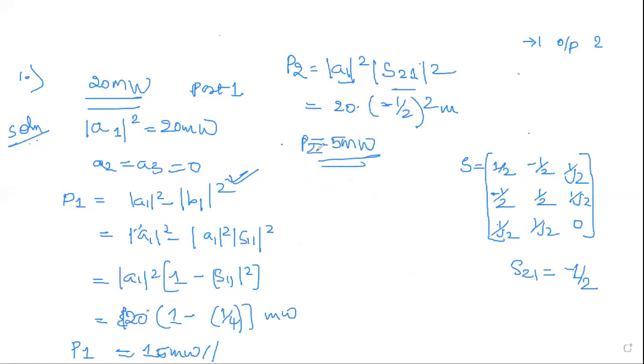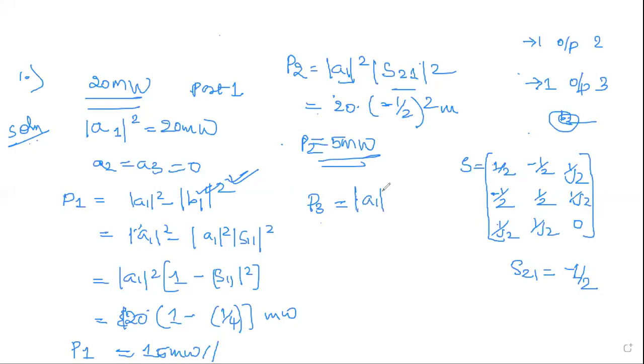This is P2. What about P3? How will we write the equation for P3? A1 is the input, output should come out of port 3, and you know that it is terminated. So that B3 portion will not be there. So what will be the equation for P3? Compare with P2. It is the same as P2, because you should get equal power coming out.